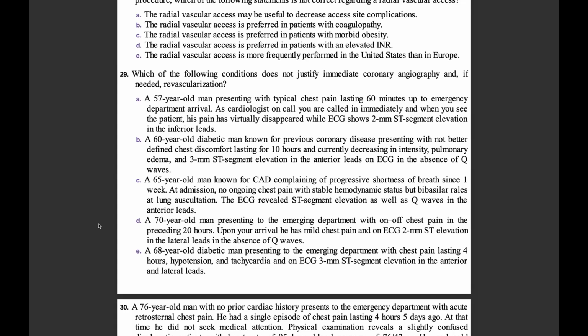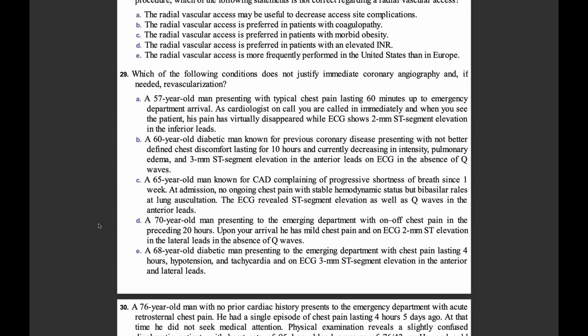I mentioned as part of the recommendation of primary PCI that for patients presenting with STEMI within 12 to 24 hours after symptom onset, it's a class 2 recommendation that doing angiography and possibly inserting a stent is thought to improve clinical outcomes. So this patient will require coronary angio and possibly revascularization.